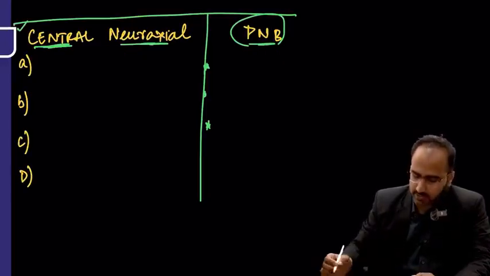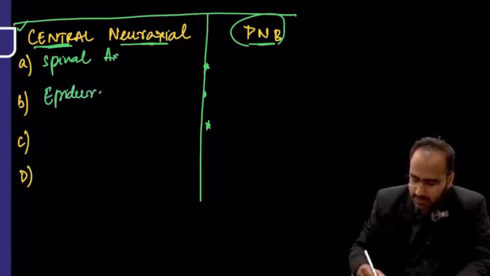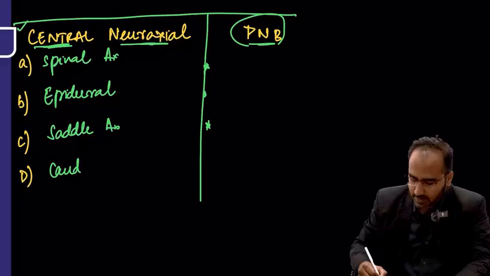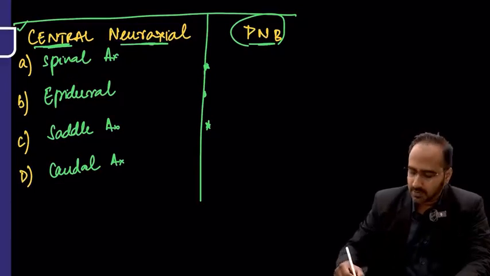We have spinal anesthesia, epidural anesthesia, saddle block or saddle anesthesia, and caudal anesthesia. These are the four things that you see in central neuraxial block.